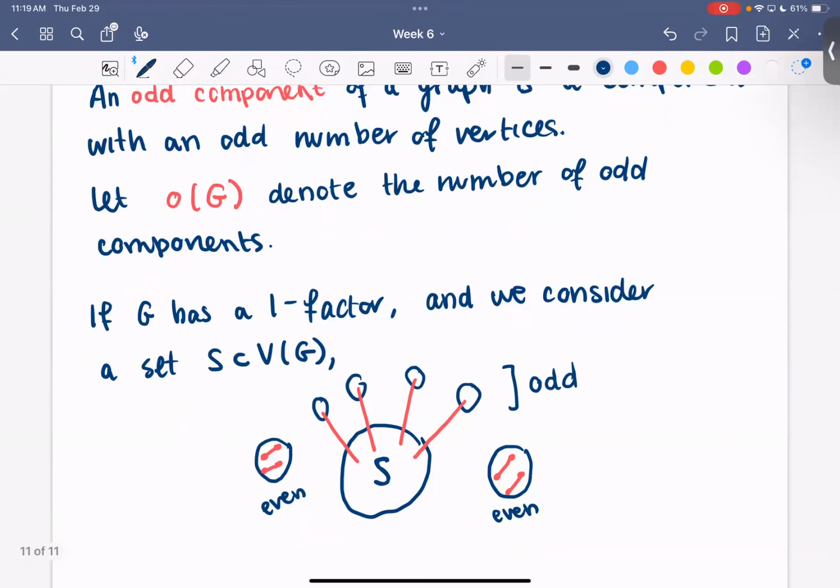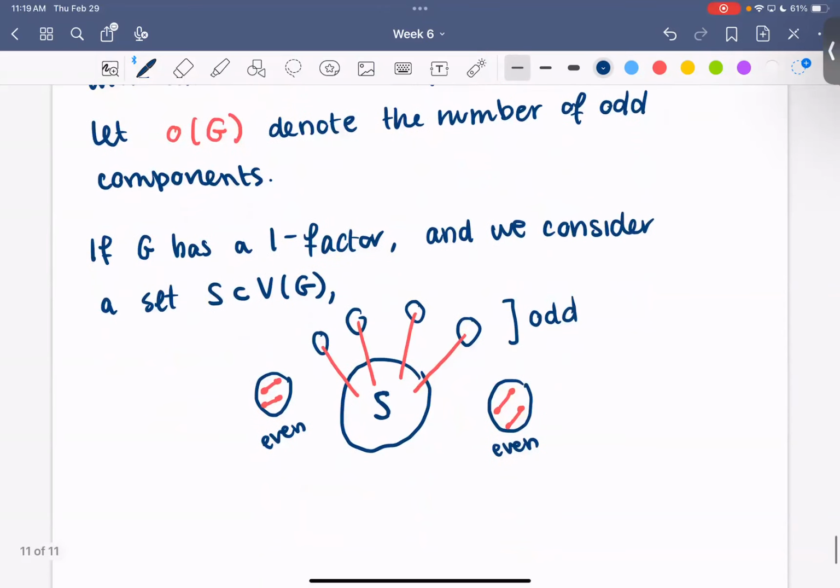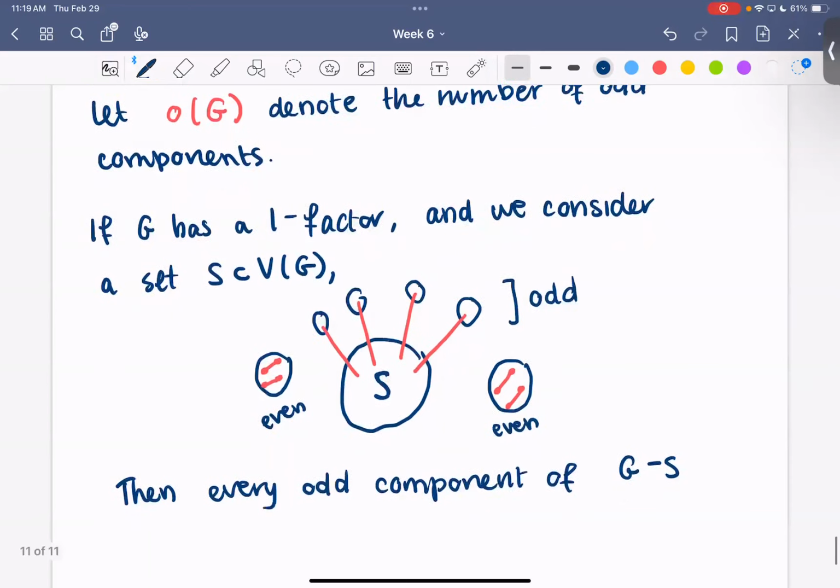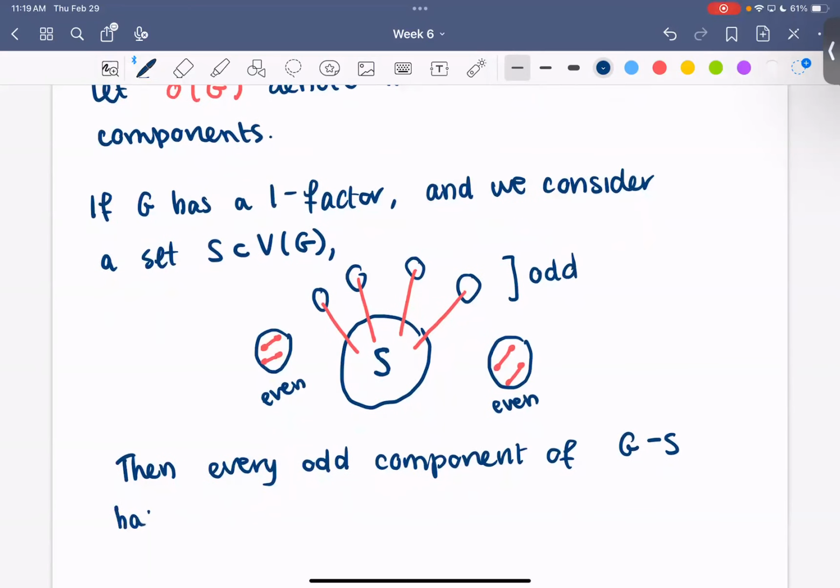So let me write down a sentence. If we consider a set S of the vertices, then every odd component of G minus S has a vertex matched to something outside of it.